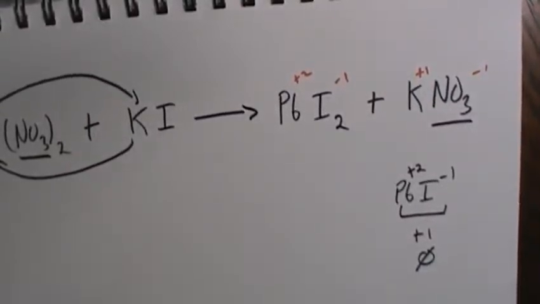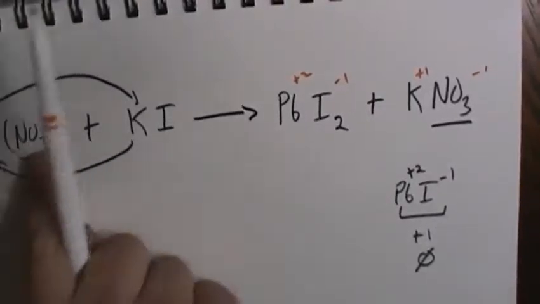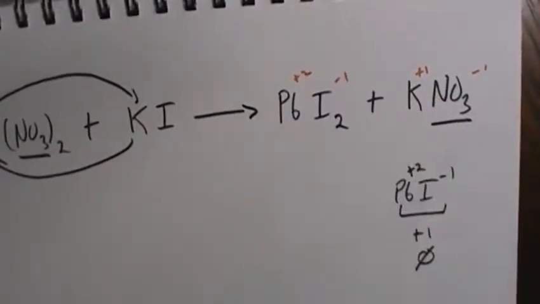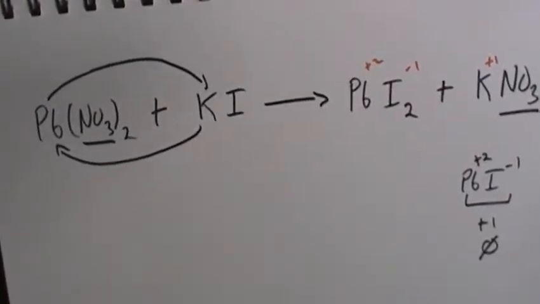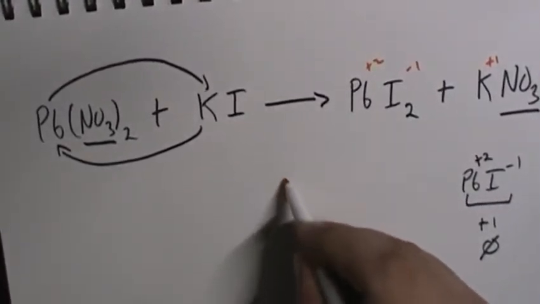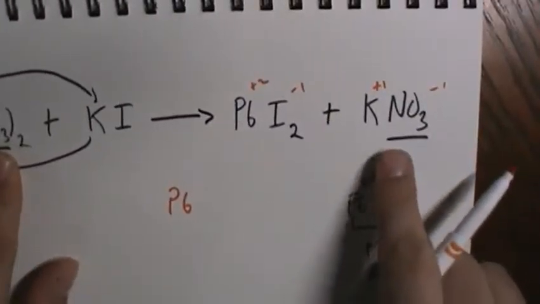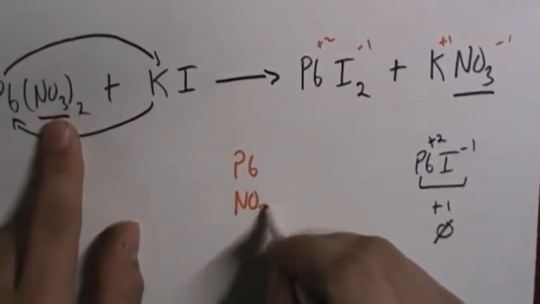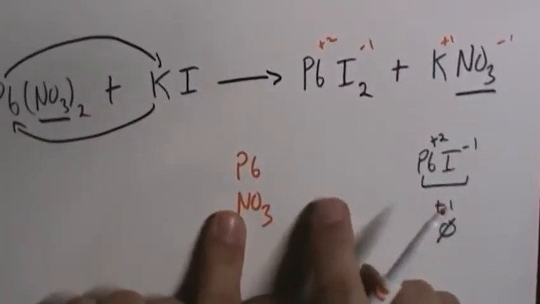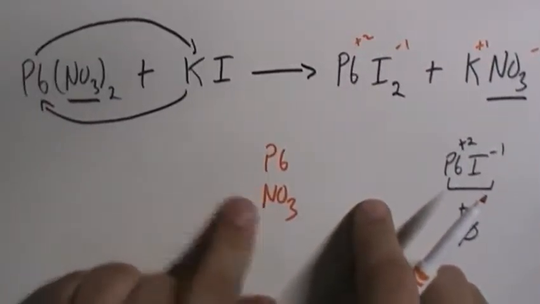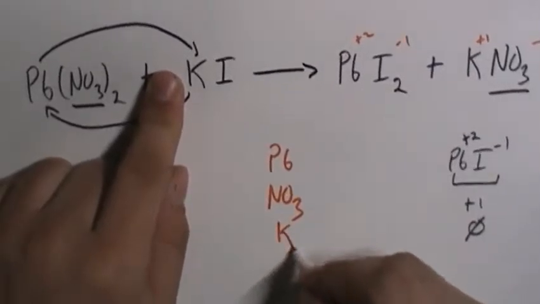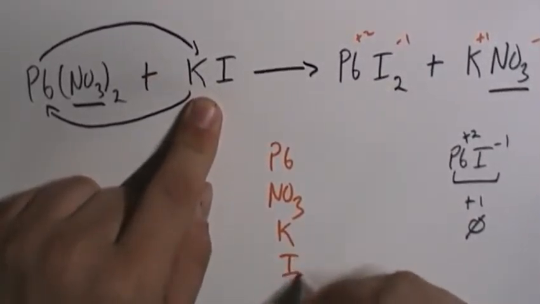Once you have enough practice, like in the other video, I just went through and did this by looking at it and changing a few numbers here and there. But if you do the inventory, we set it up so we've got lead going in. We have nitrate on both sides, so I'm going to write NO3 instead of N and O. That makes things a lot easier. We're going to write potassium, and then we also have iodine.